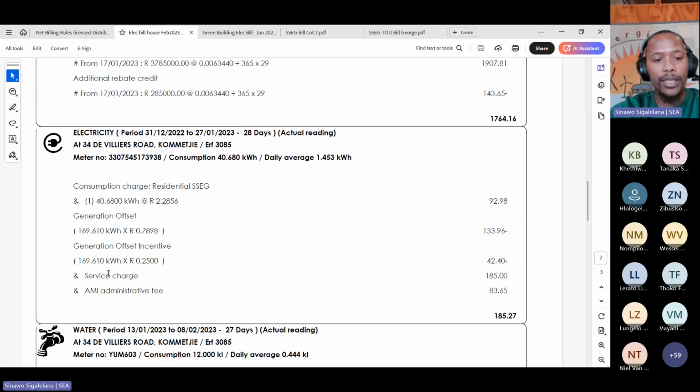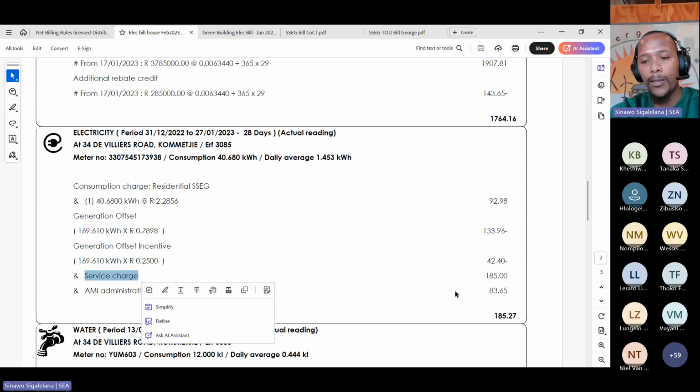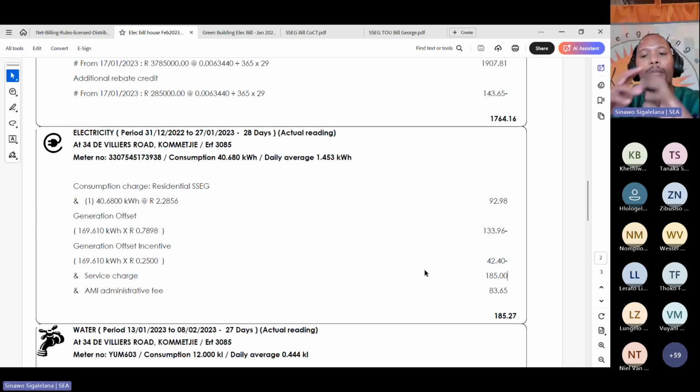But with this tariff, what is nice, they do have a fixed charge, right? Remember the key thing in those rules, they said that you must offset against your rands per kilowatt hour or cents per kilowatt hour, right? You must offset against your variable charges. So what I'm seeing here is that the generation offset has been offset against the entire bill. What do I mean?